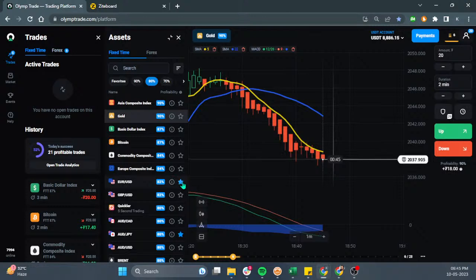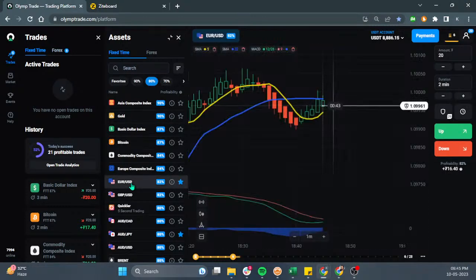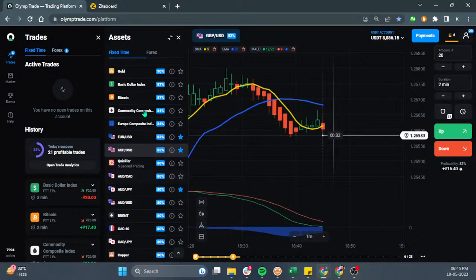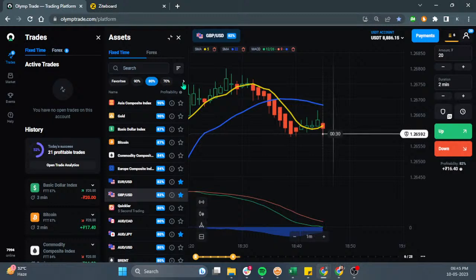But you can use this star wherever you feel there's a possibility of getting a signal in a minute or two. Okay, like here, I think there's a possibility, so I'll leave the star as it is over here, and I'll shift to some other assets. The situation is the same over here too. Let me see some currencies right now.